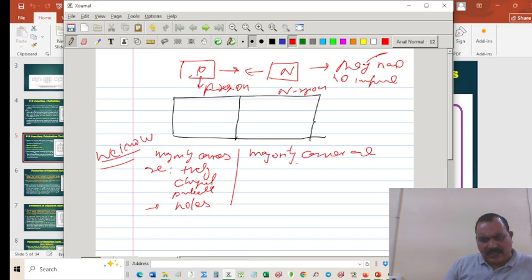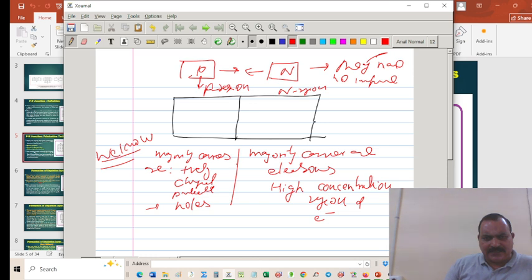Electrons are there. Okay, or from the physics point of view, I can say that this is the high concentration region of electrons, that is the n side, n section and region, and there is a high concentration of holes in the p region.